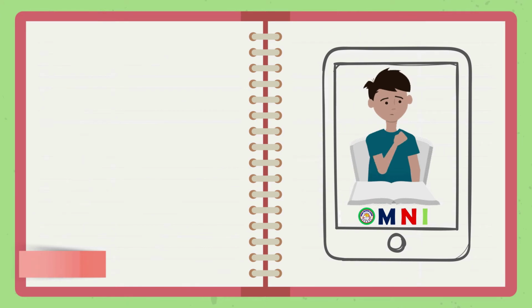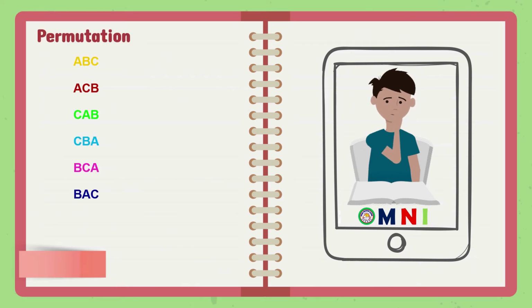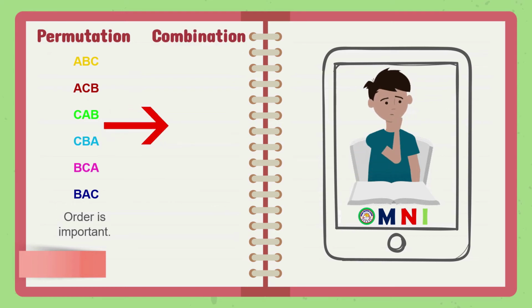In permutation, we have ABC, ACB, CAB, CBA, BCA, and BAC, of which all these arrangements are unique and is different because in permutation, order is important, while in combination, these arrangements ABC, ACB, CAB, CBA, BCA, and BAC can be counted as one single combination, which is ABC, since in combination, order is not important or order will not matter.